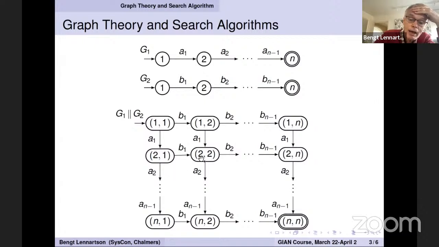So now I have 3 plus 3, I have 6 states. And then you go on like this, take one step forward in all directions. And in that way, you obtain what we call breadth first search.